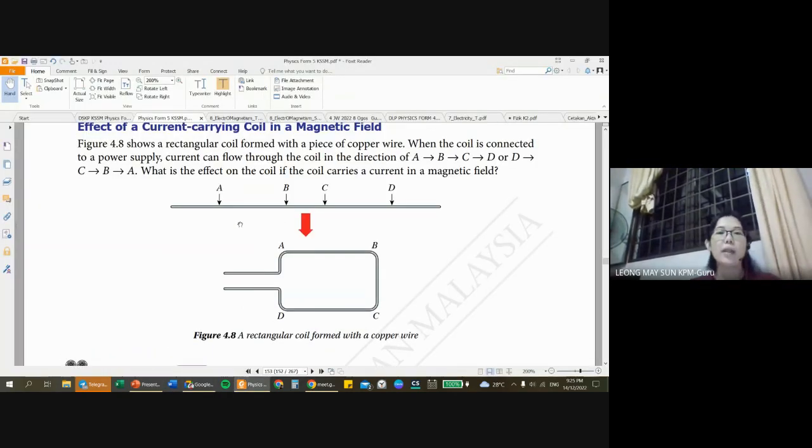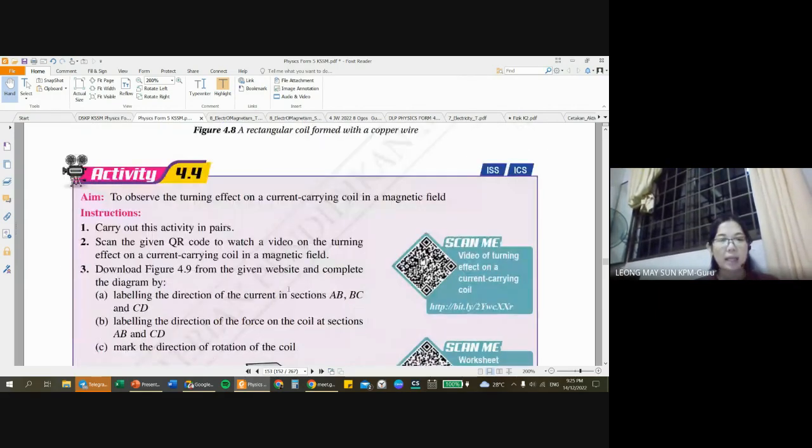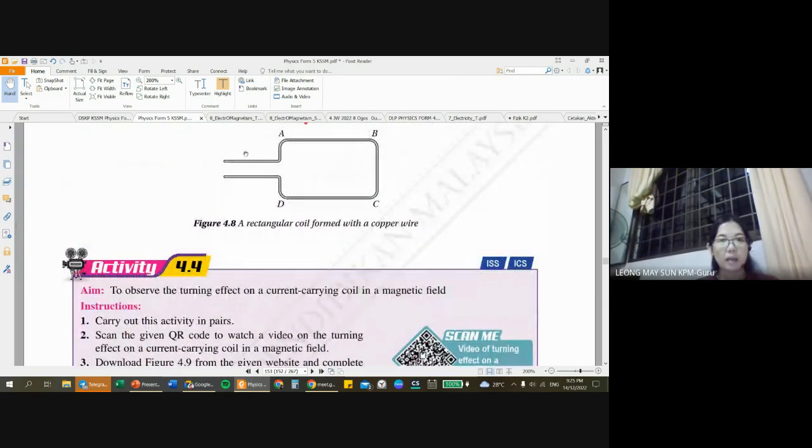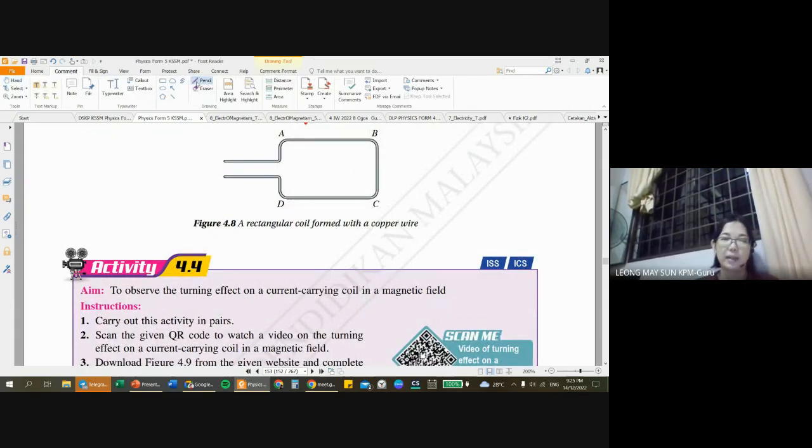What happens here is that we take a single piece of copper wire, and then we bend the wire to look like a rectangular coil. We have the parts A, B, C, and D in this situation, and then we take this coil and connect it to our power supply. We will determine the direction of the positive and the negative for the power supply later on.